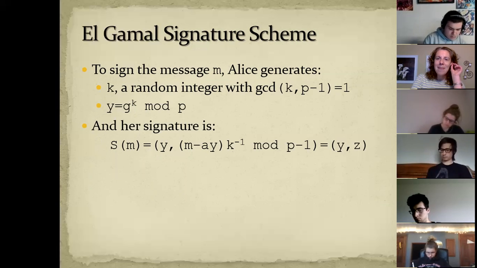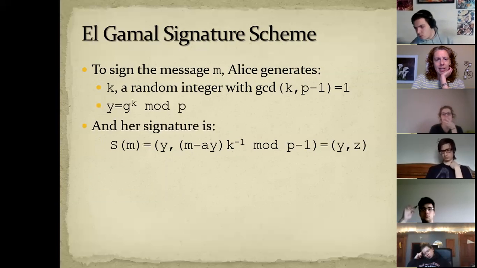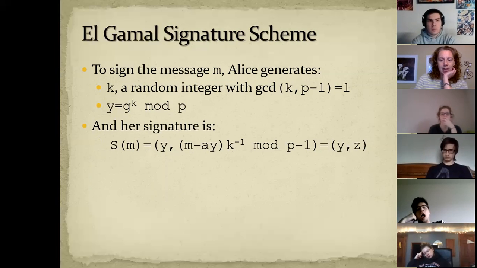This is a messy signature scheme. RSA is much simpler to deal with. It's once again an ordered pair. We're going to shorthand M minus A times Y times K inverse mod P minus 1 and call that Z. Okay?